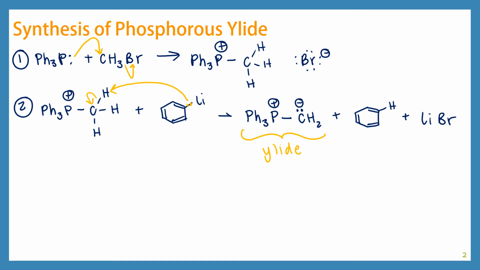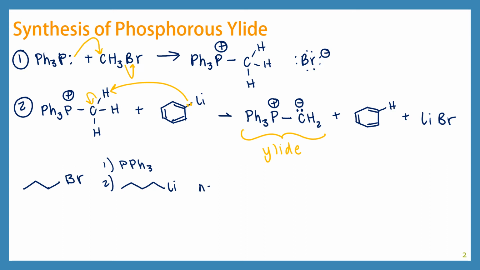So usually what you'll see in this type of reaction is something like an alkyl halide that is first reacted with triphenylphosphine, and then an alkyl lithiate is added. n-Butyl lithium is a really common one.